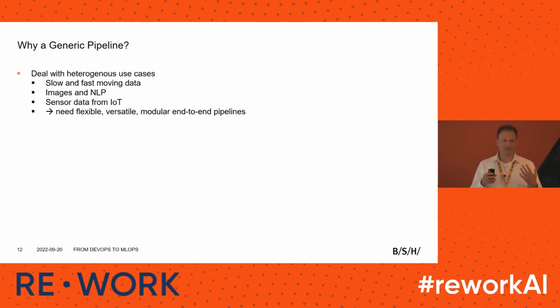So it was clear if you want to avoid that each single use case builds their own pipeline and has to do software development, we need to find some flexible, versatile, but also modular architecture, essentially to give the data scientists tools that let them build their use case specific pipeline out of our bricks that we build.